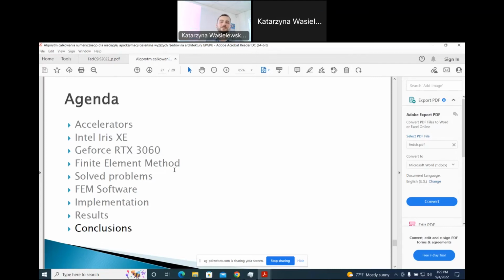But we hope the higher version of the Intel XE card will be better than the low power version of this card. But for this moment, NVIDIA is, I think, better.